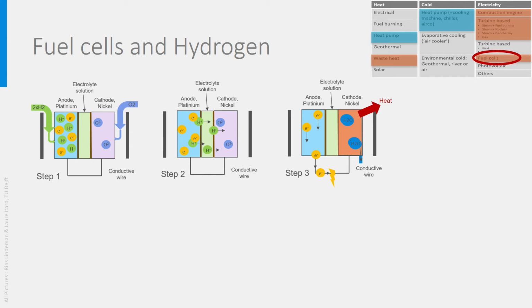Combining 2 positive hydrogen ions with 1 negative oxygen ion will bring the charges in balance, and that is called water, H2O. The reaction of formation of water is exothermic, meaning it produces heat that can be used to heat buildings directly or in district heating.